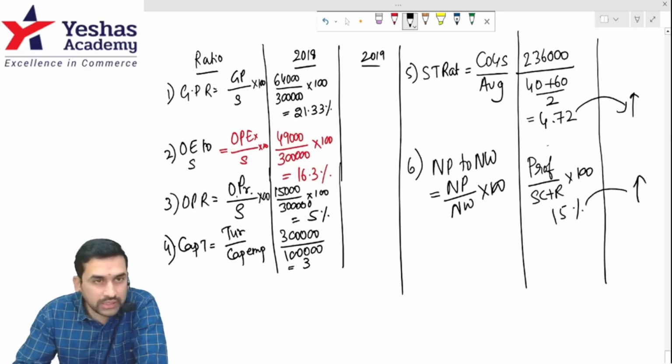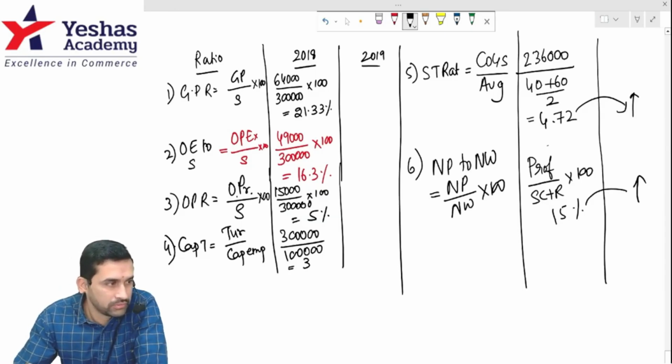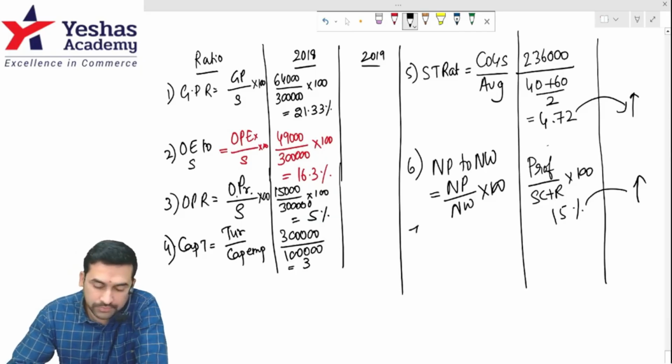If this goes up next year, is it good? So far the questions were calculations. Now it's not calculation, which is easy. You have to think. They have printed these ratios also. You have to only write whether it is good or bad. If this goes up, is it good? Your shareholders are earning more. Okay, next.